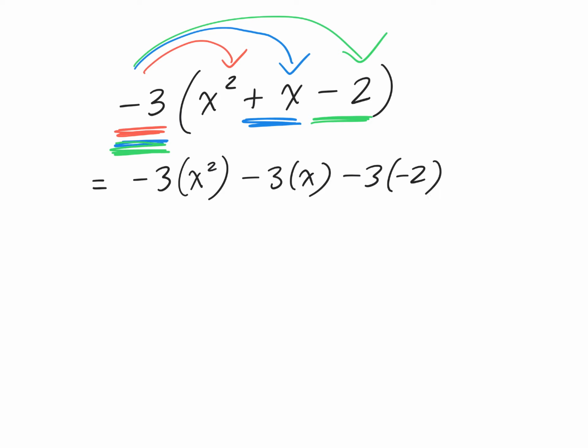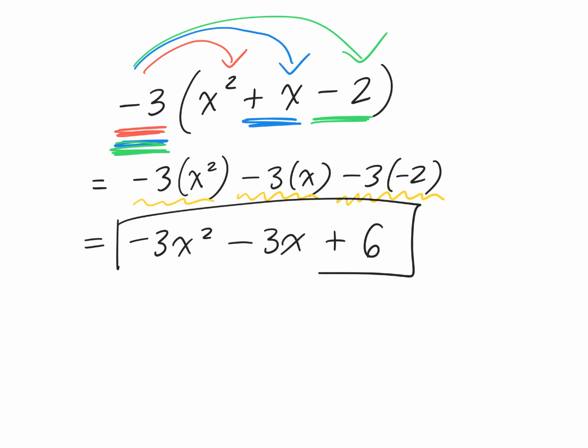Negative 3 times negative 2. So, final answer. Negative 3 times x squared would just be negative 3x squared. Negative 3 times x would be negative 3x. Negative 3 times negative 2 would be positive 6. Raise your hand if you got this as your final answer, all 3 terms.